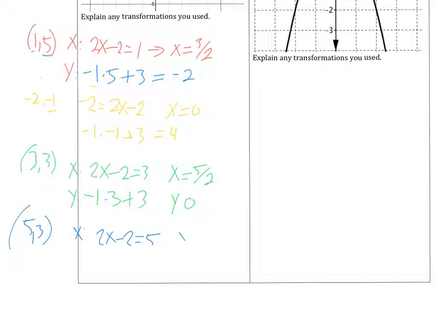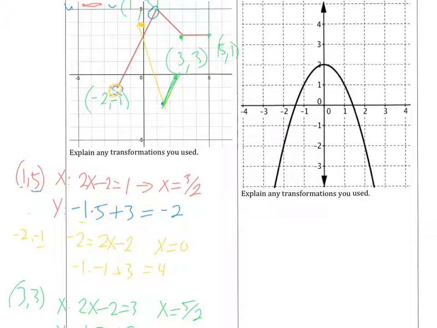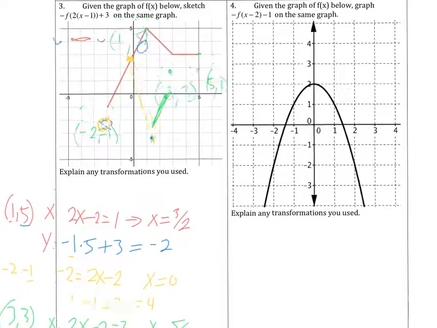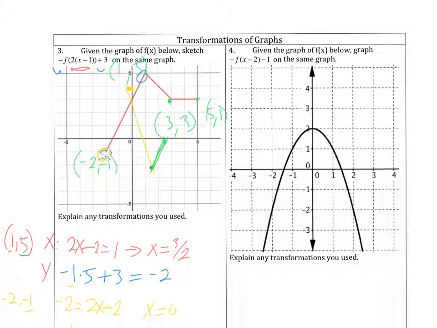Divided by 2, x is going to be 7 over 2, or 3.5. I probably want to get the y one first. And then the y value, get negative 1 multiplied by 3, plus 3 gives us another 0. So 7 over 2, 0. Which is going to end up being at 3.5, adding the L part to my graph.